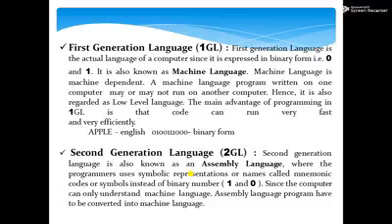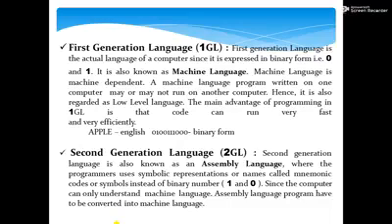When we write any word in alphabet format, we can easily understand it. But when we write a word in binary form, that is 0, 1, we face difficulties reading it. A machine language program written on one computer may or may not run on another computer. Hence, it is also regarded as a low-level language.